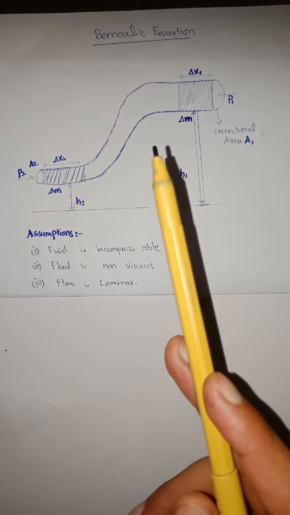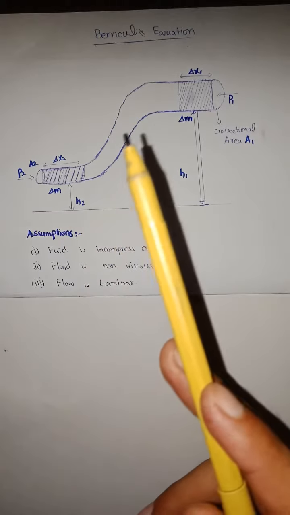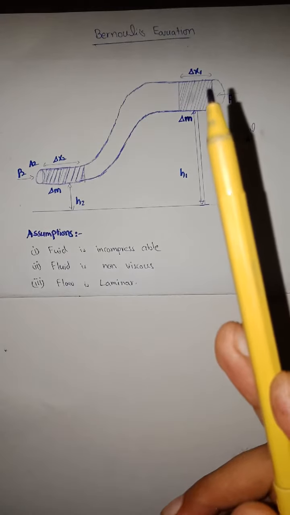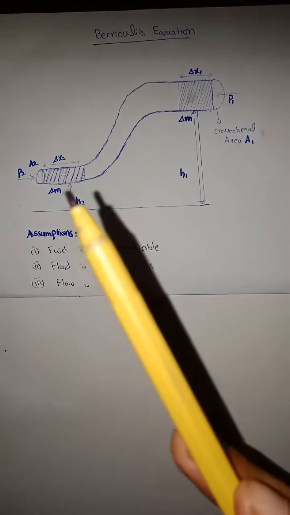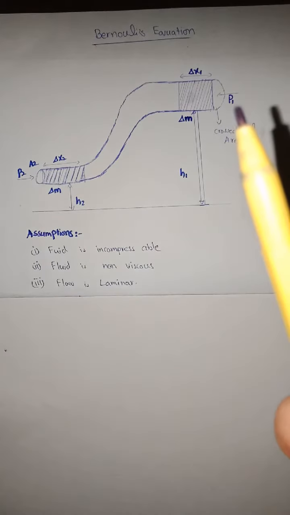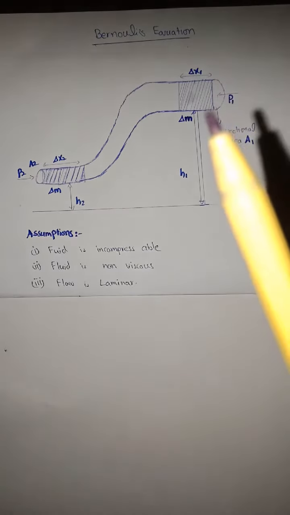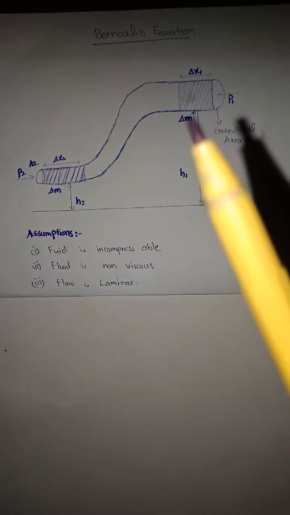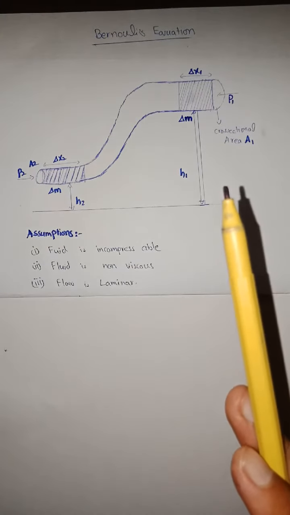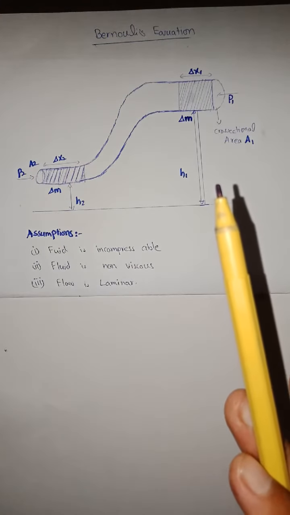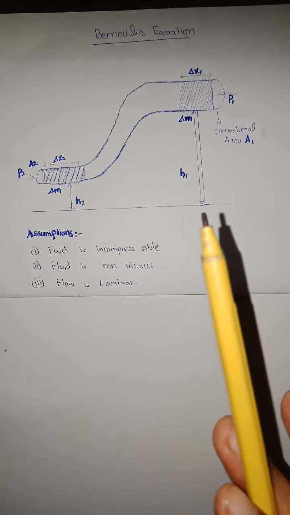Now coming toward the diagram, we have a pipe with varying cross-sectional area, and I have chosen two ends, the upper end and the lower end. The upper end has pressure P1 at its opening, and the displacement of the liquid in time t is delta x1, and the height at this point is h1 from our reference point.